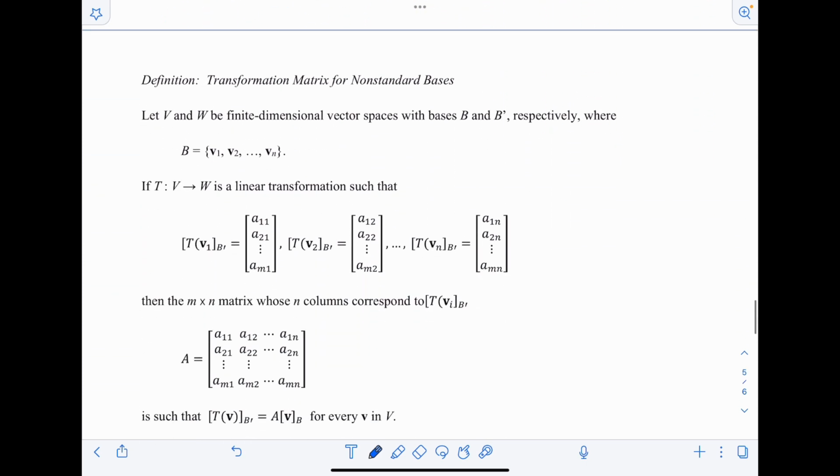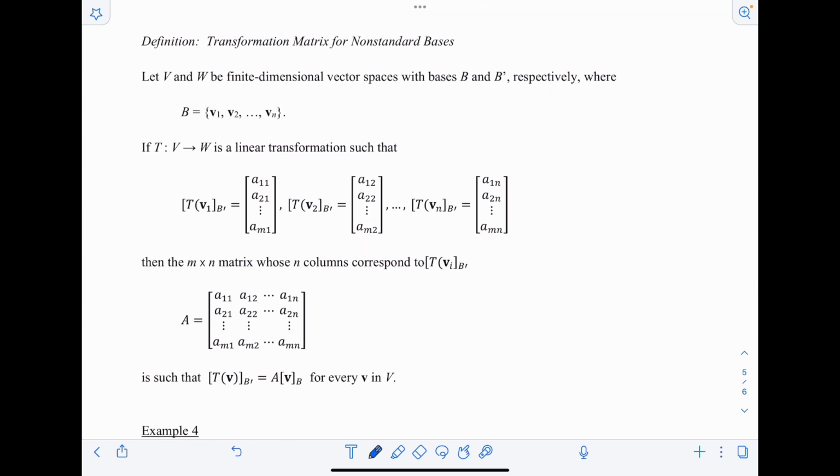All right, moving along here. Definition for the transformation matrix for non-standard bases. Let V and W be finite dimensional vector spaces with bases B and B prime respectively, where B is simply the set of vectors V1, V2 up to Vn, and T mapping V to W is a linear transformation such that T of V1 should have some parentheses in there.